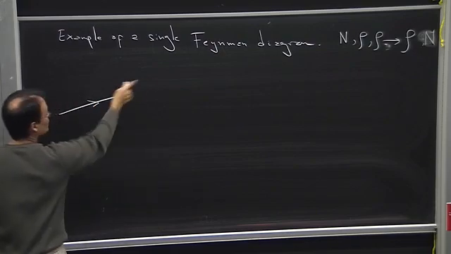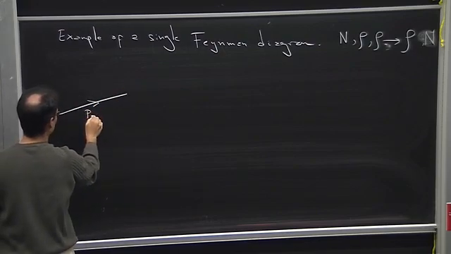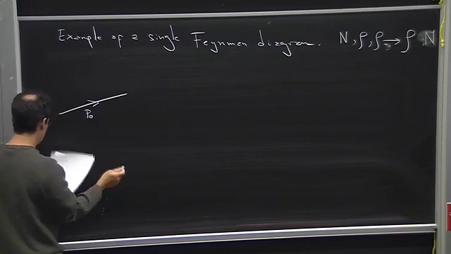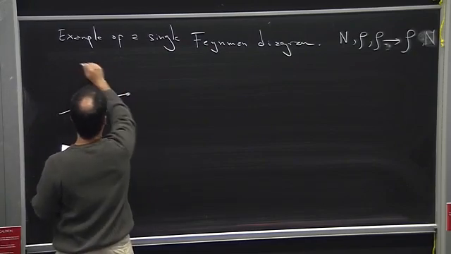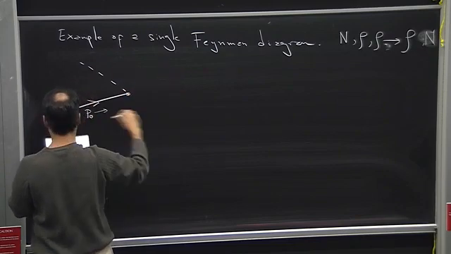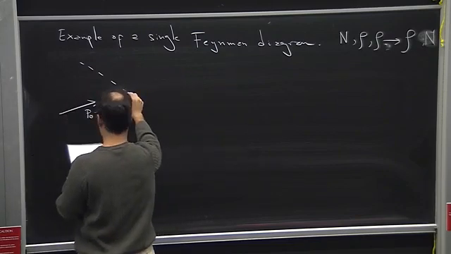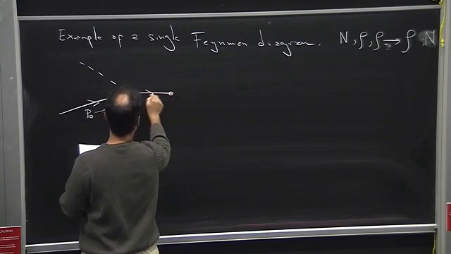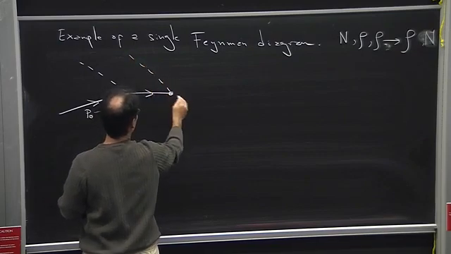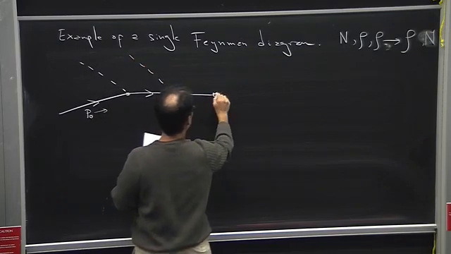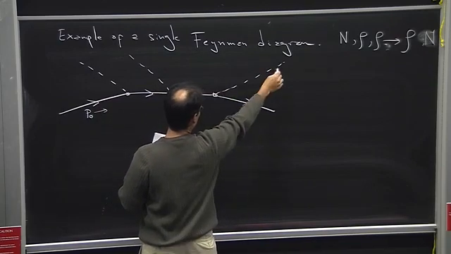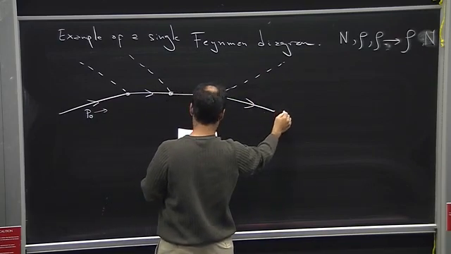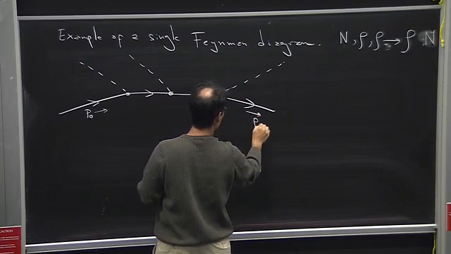So we're going to have the nucleon that is coming in with momentum P0, say. It interacts with one of the two mesons. Then it keeps going. It interacts with the other meson. It keeps going, and produces our final meson and the nucleon with momentum P3.